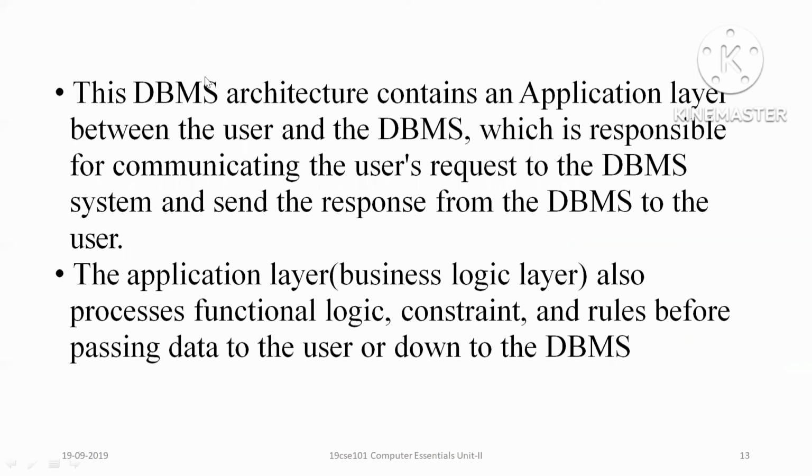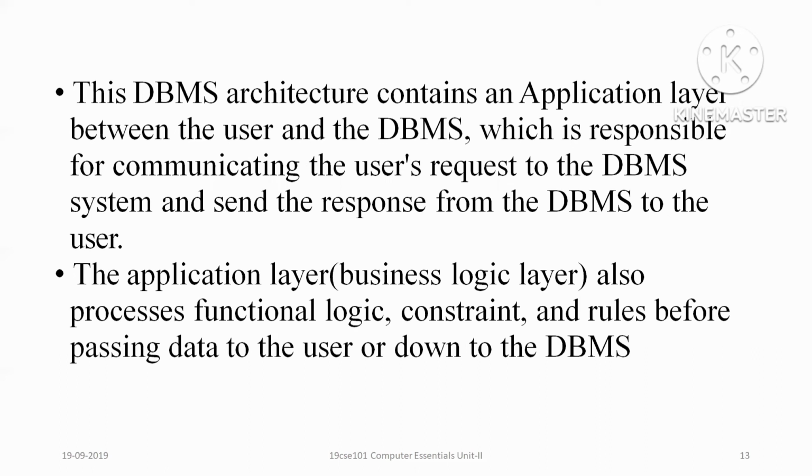Now, this DBMS architecture has an application layer that stands in between the user and the DBMS. Understood what this means? It has an application layer that stands in between the user and the DBMS, and communicates the user request to the DBMS, and the DBMS response to the user.